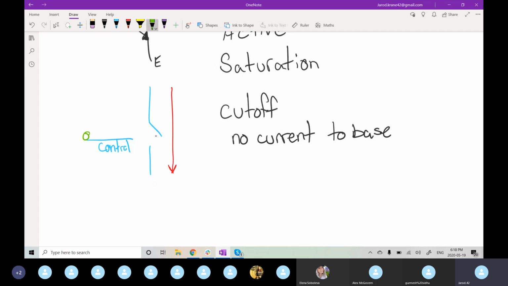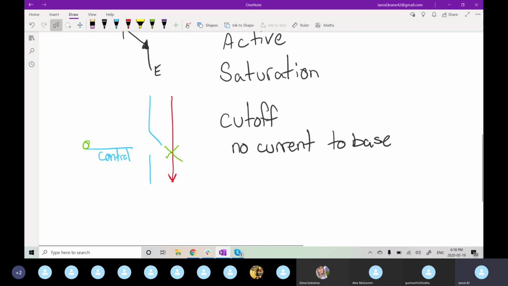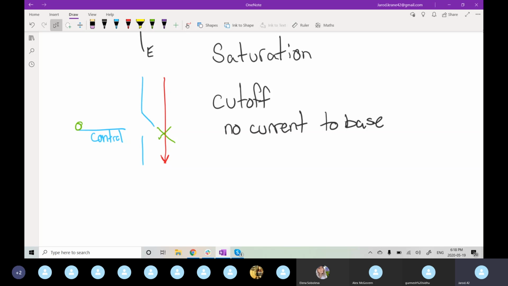So what we'll have is just an open switch. So we won't have any current flow through the device. So in a sense, we have effectively what is switched off. So it blocks current, it lets nothing through. And it's simple.